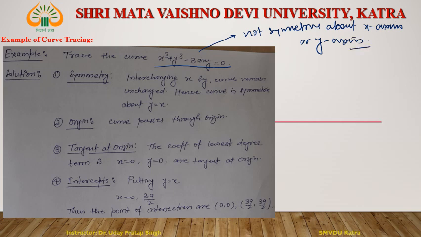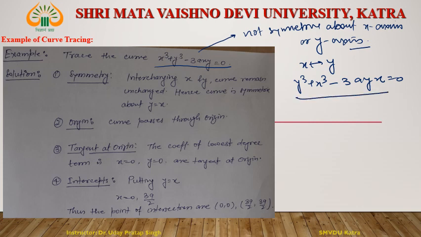Why? Since it does not contain even powers of x and y. Second, if we interchange x and y, then what is the equation? y cube plus x cube minus 3ayx is equal to 0. It means no change in the equation.